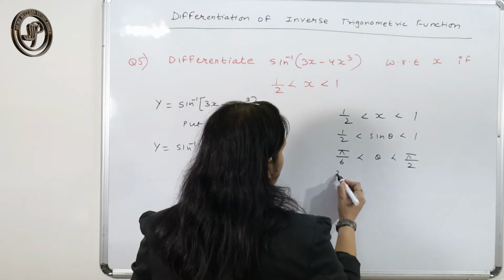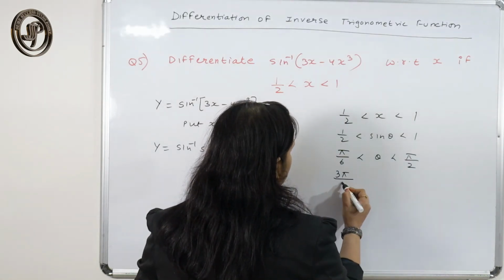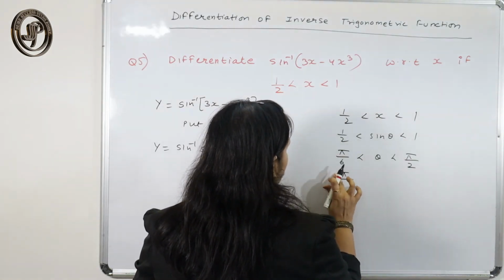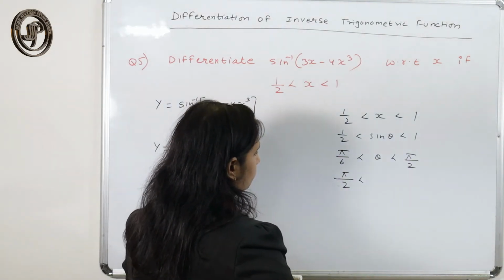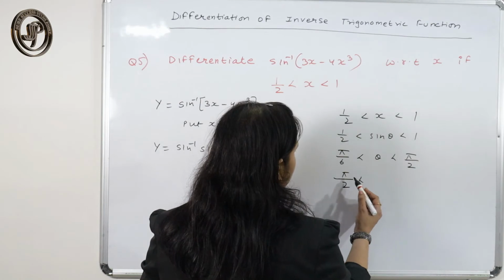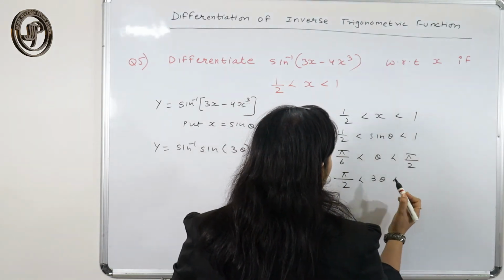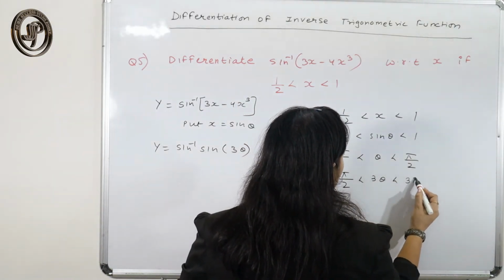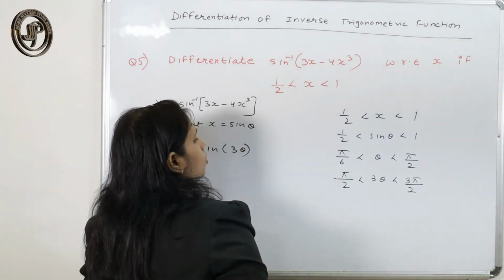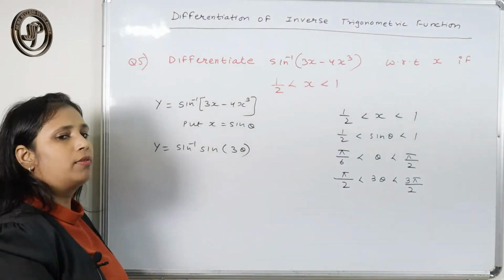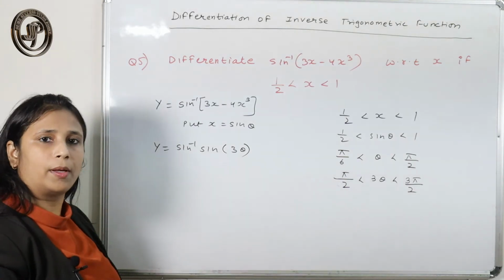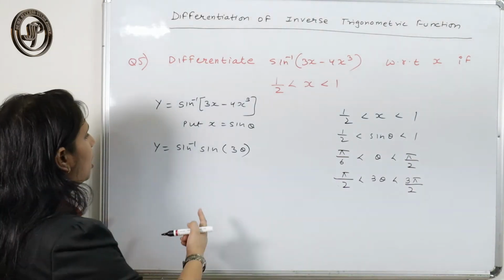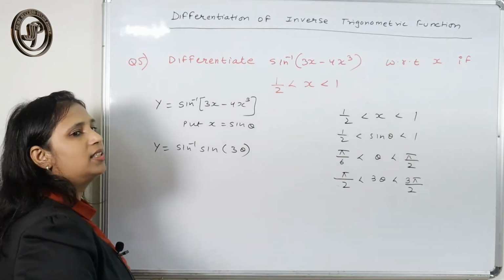Now for 3 theta it is 3 pi by 6, that I can write as pi by 2 only, and here 3 theta is 3 pi by 2. So the value of 3 theta is not lying between minus pi by 2 to pi by 2. So we can't write sine inverse sine 3 theta as 3 theta.